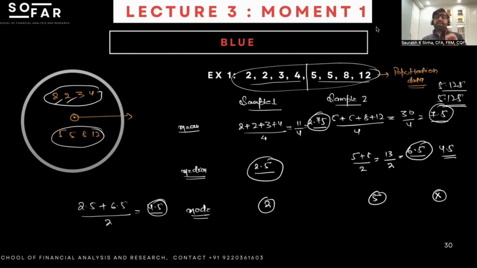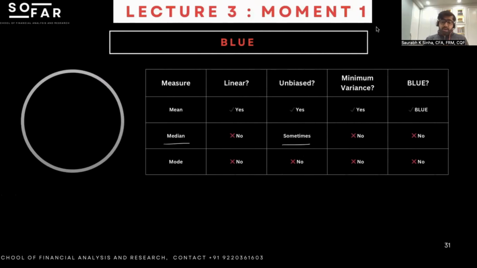And that's why the mean is called BLUE, best linear unbiased estimator. Now in BLUE, there are multiple words. It is linear, it should be unbiased, and it has a minimum variance, which we cannot discuss right now. All these are possible in mean, and that's why mean is BLUE. However, median is only sometimes unbiased.